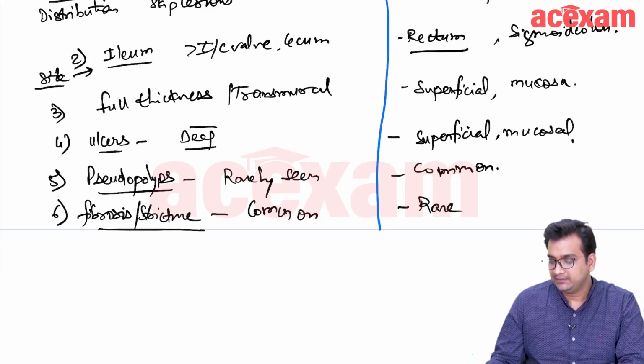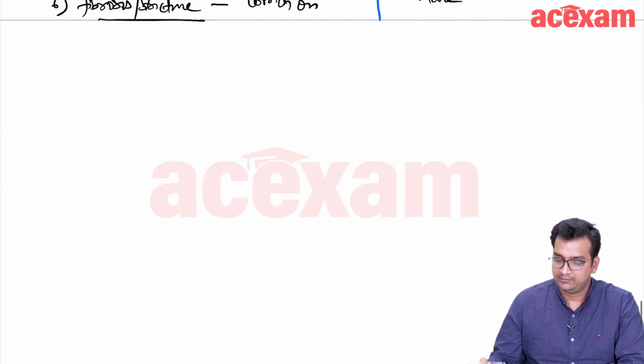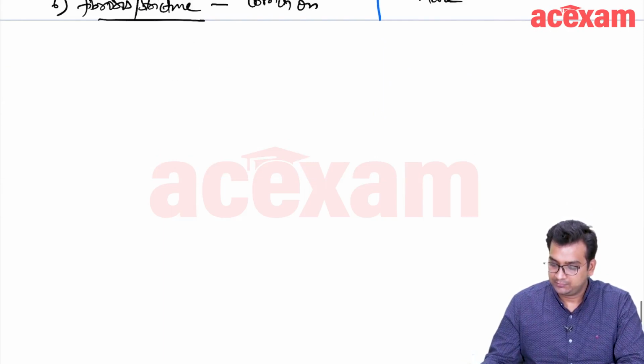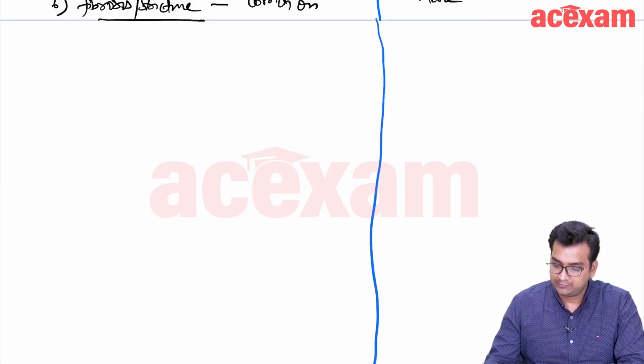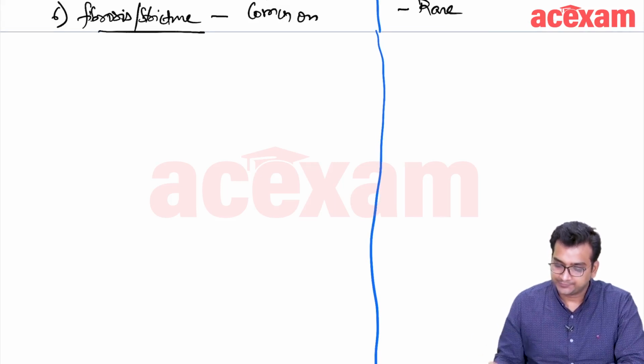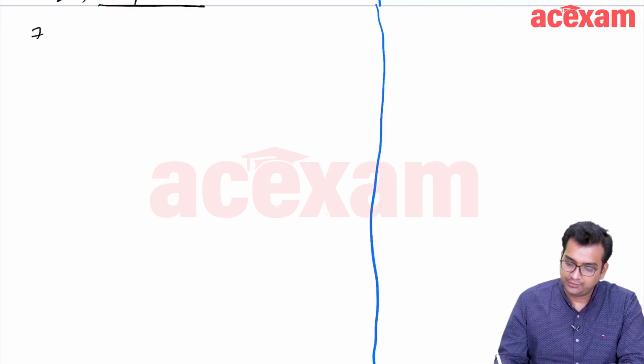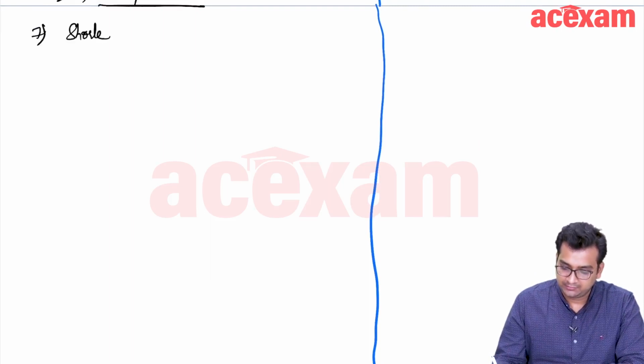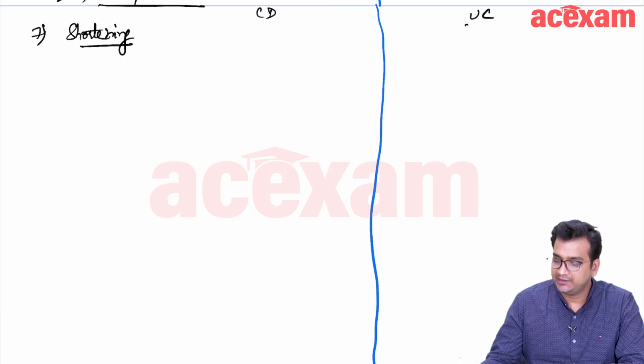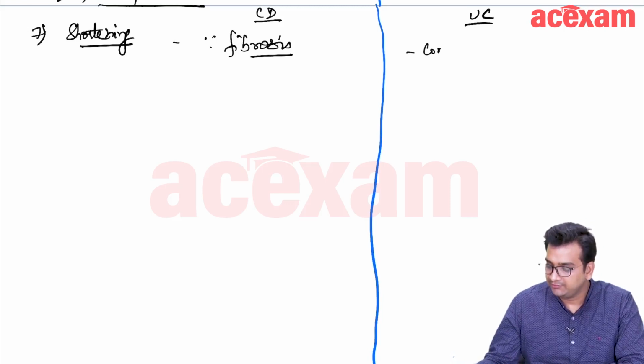In ulcerative colitis, it is rare. Now, shortening of bowel occurs in both ulcerative colitis and Crohn's disease, but in Crohn's disease it occurs due to fibrosis, whereas in ulcerative colitis it occurs because of contraction of the muscularis.